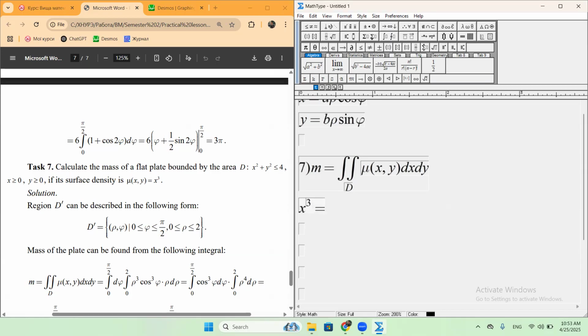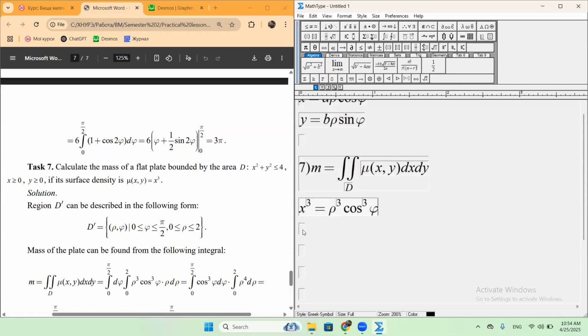So x cube will be equal to rho cube by cosine cube of phi.